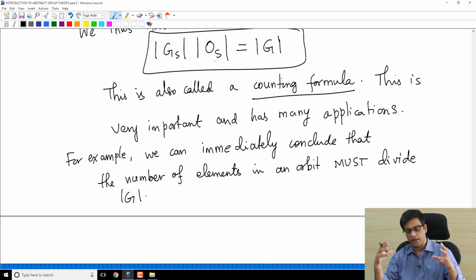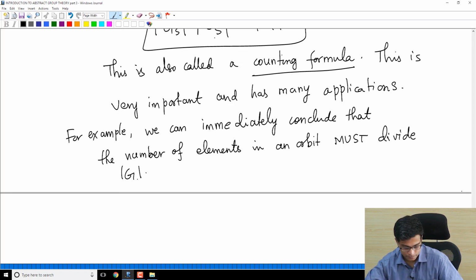It is not only related, it is related in a very precise way. The size of the orbit must divide the cardinality of the group. So this is a very useful observation which tells us that the sizes of orbits are not arbitrary. They have to satisfy the property that they divide the order of the group. So this reduces the choices and helps us compute the orbits in many situations.